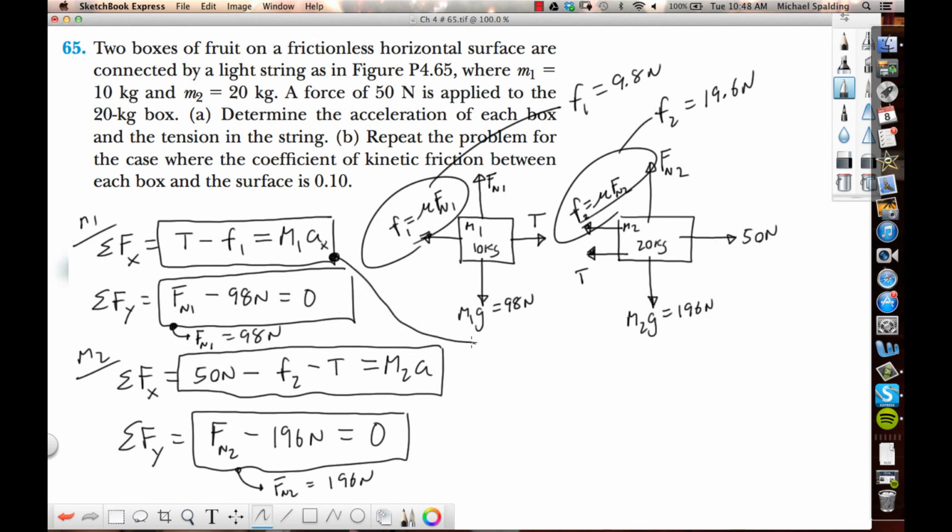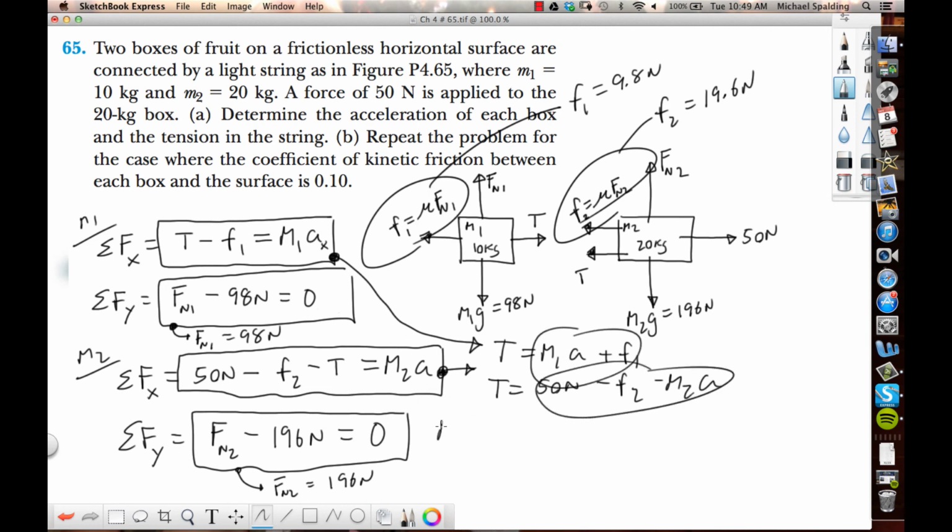We've got two equations, two unknowns. I'm going to solve each of these for T. We get T equals M1a plus friction 1, and T equals 50 minus friction 2 minus M2a. We set these equal because the tensions are equal: M1a plus friction 1 equals 50 minus friction 2 minus M2a.